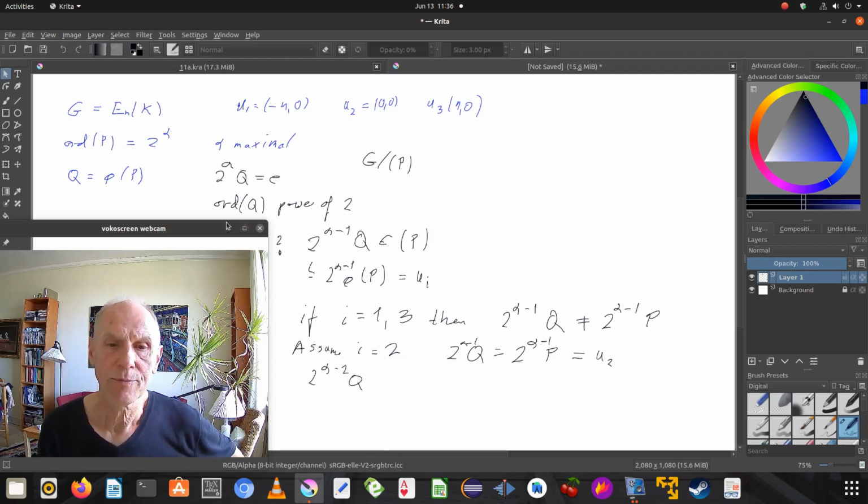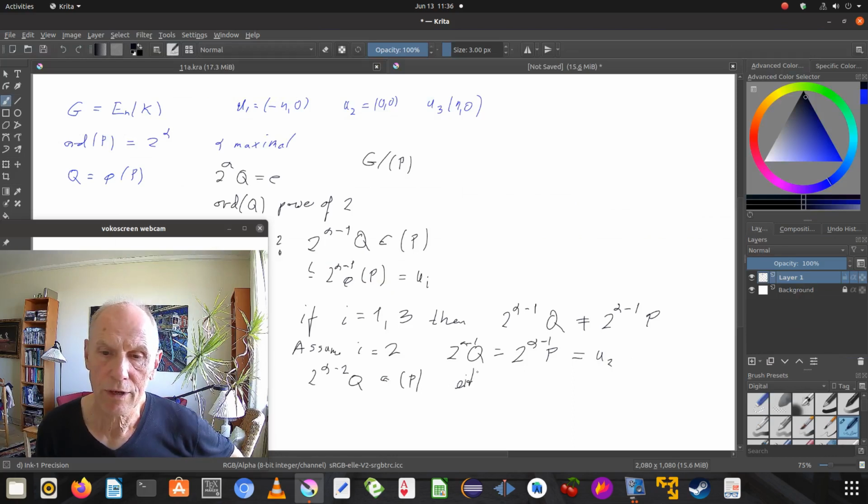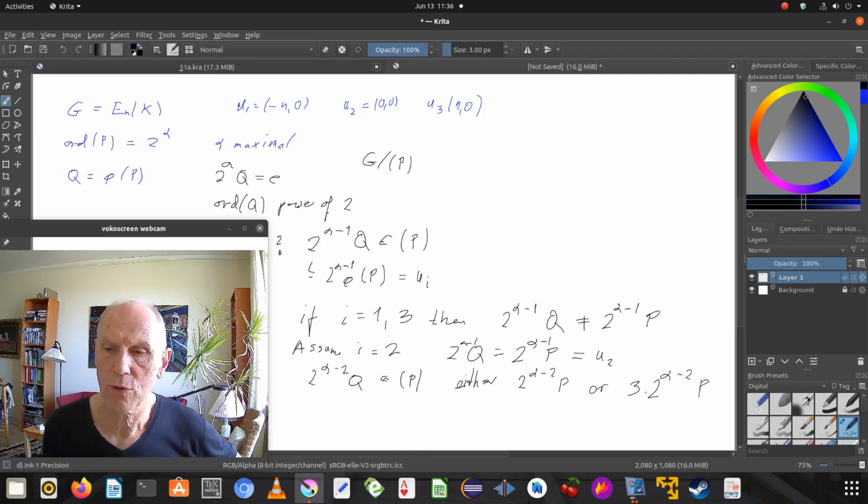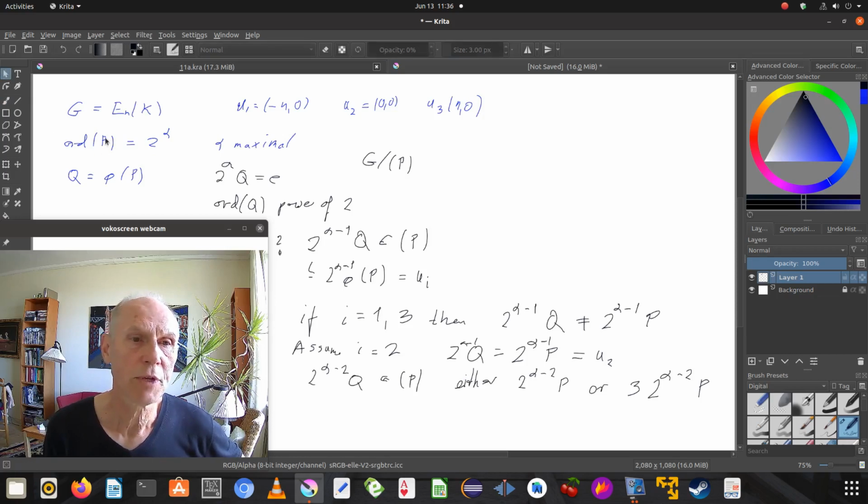If it lies in here, it has to be either the guy or 3 times the guy. They're the only points of exact order 4 in the group generated by P.